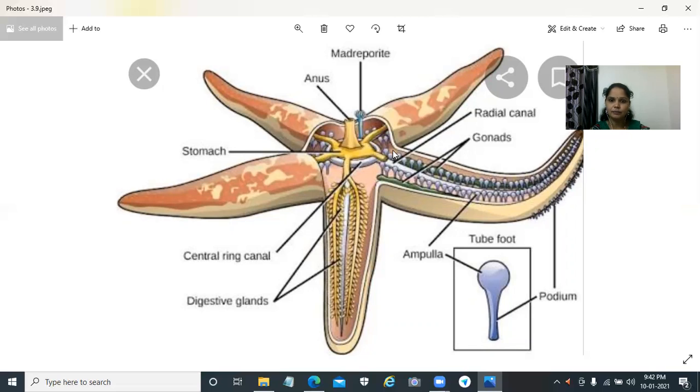The excretory product formed inside is eliminated from the body through the anus, which is present in the aboral region. So this is about the echinoderm. In an echinoderm, water or waste material is eliminated from the body through simple diffusion.